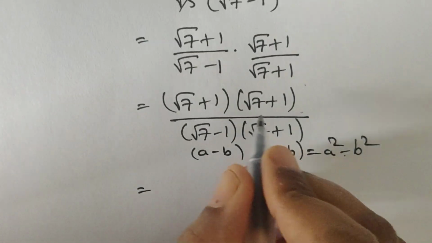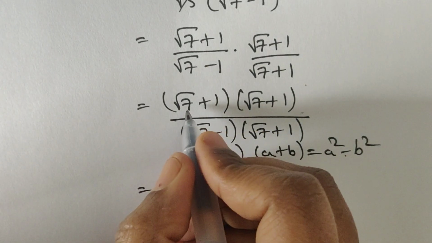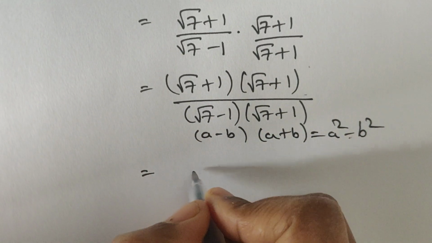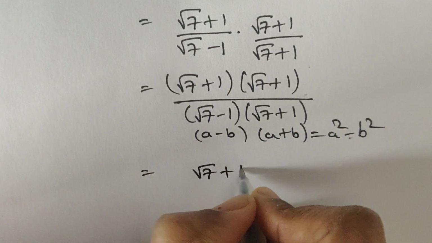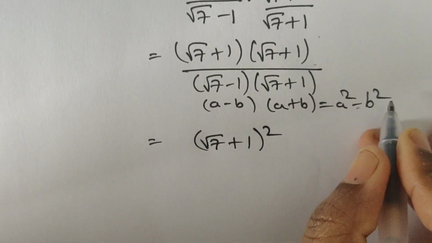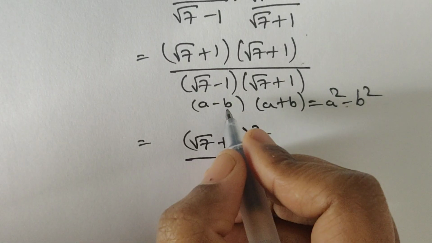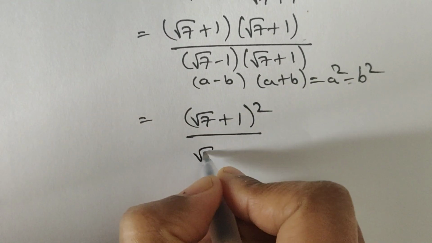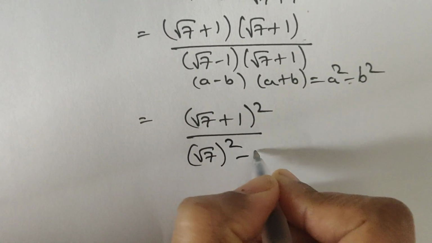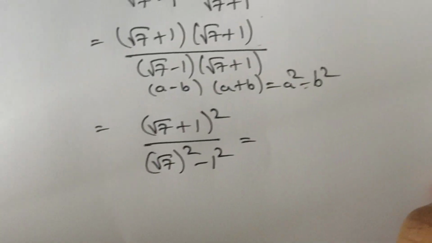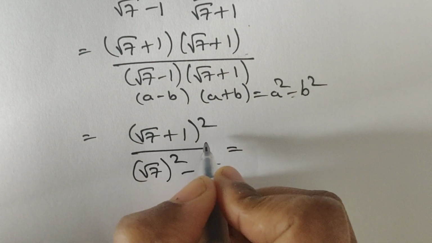So (√7 + 1) times (√7 + 1) is equal to (√7 + 1) whole square, divided by, so use this formula, (√7)² − 1². So now the numerator is in the form of (a + b) whole square.